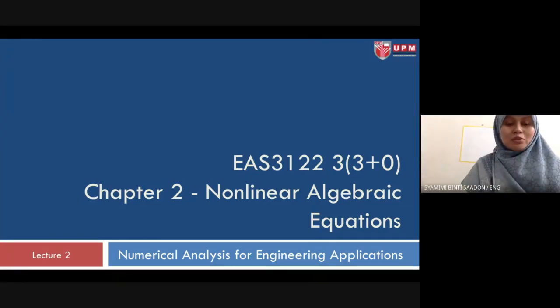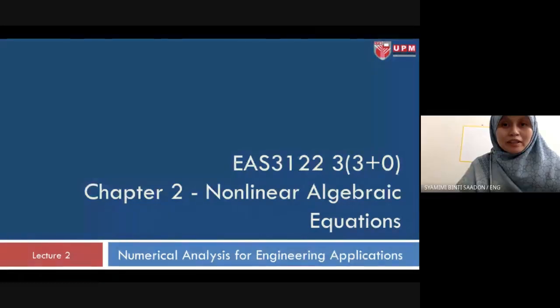So today I'll introduce you to the second chapter. We have done the first chapter concerning linear algebraic equations. We have seen several methods, direct and indirect: LU methods, Jacobi, Gauss elimination, right?